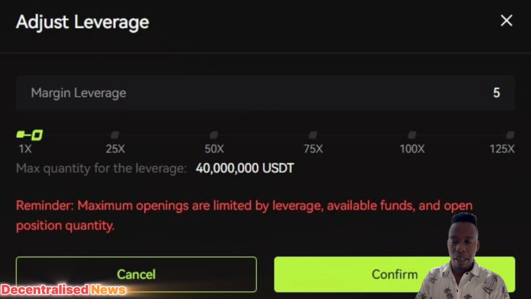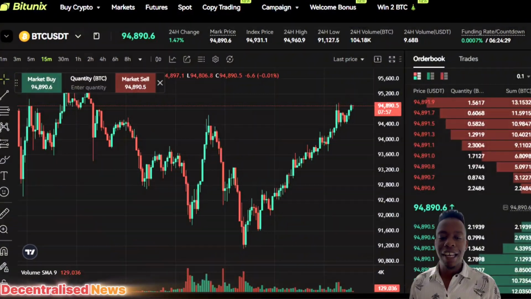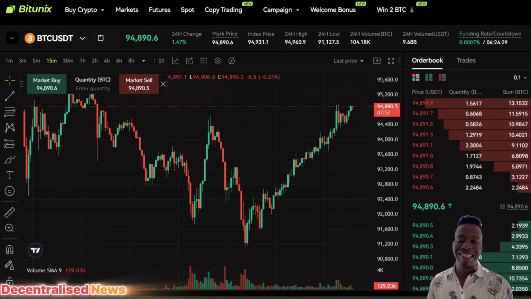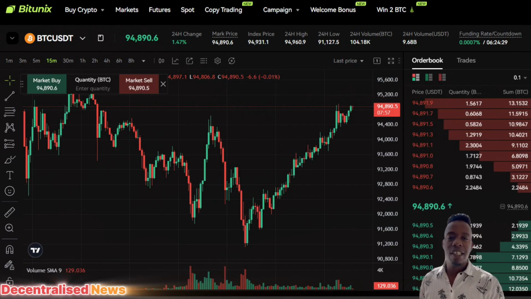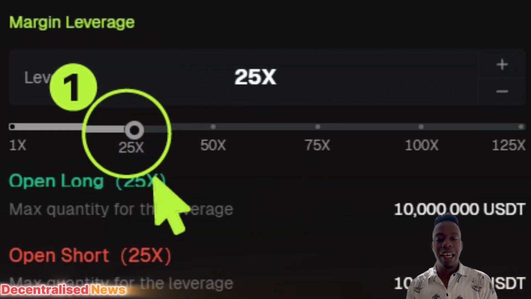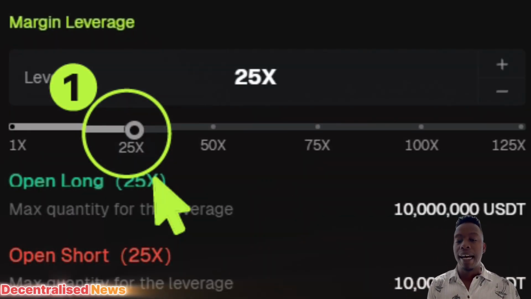You also have to think about things like funding rates, which reflect the market imbalance between buyers and sellers. For example, if you use 10x leverage, $100 becomes $1,000 of exposure, and a 10% move against you results in liquidation.